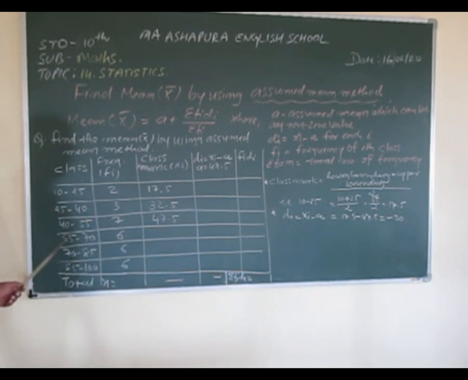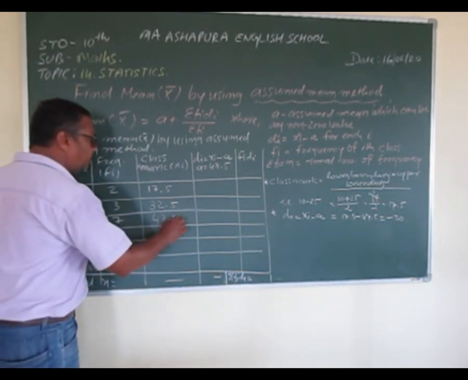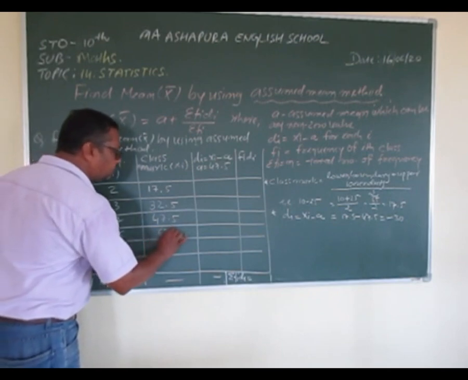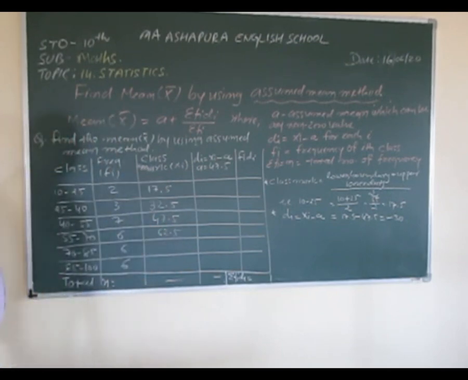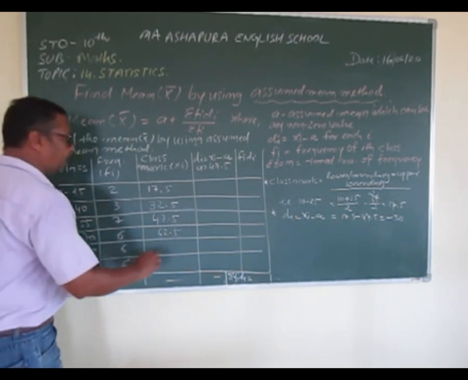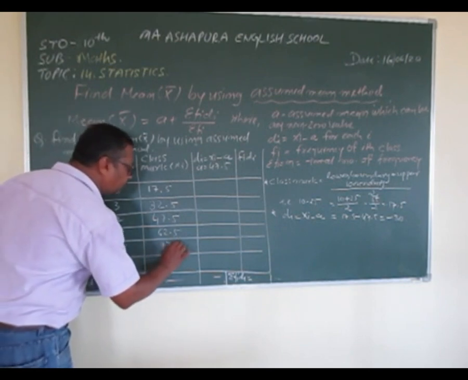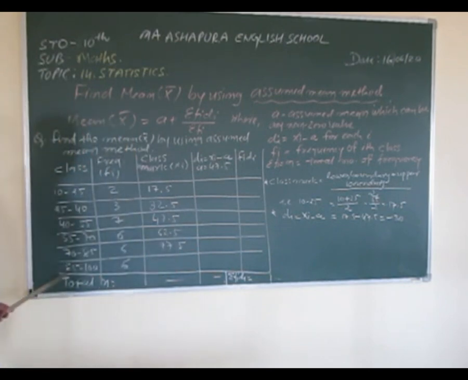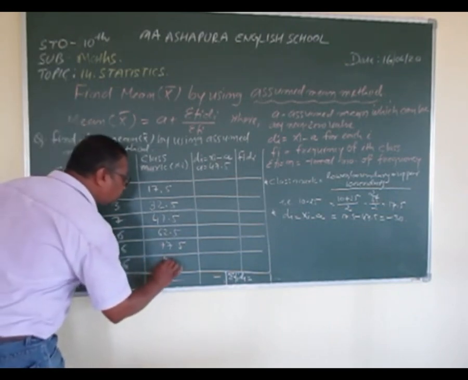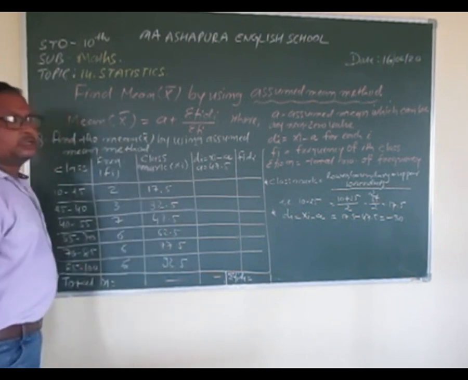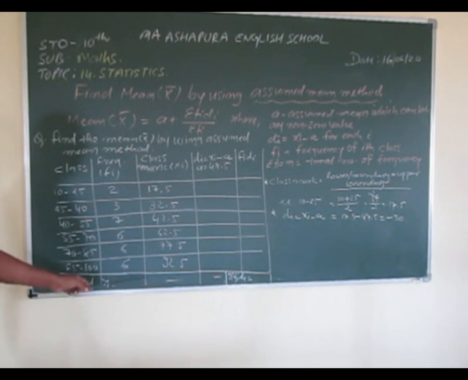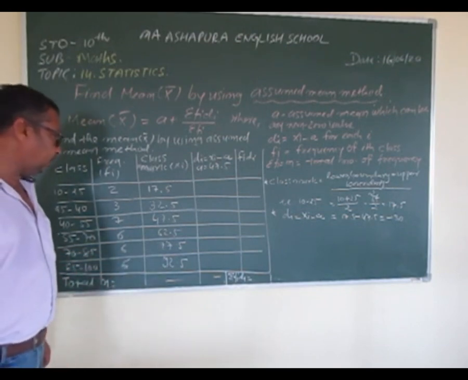For the next class, 55 to 70, 47.5 plus 15 gives 62.5. The next class mark is again plus 15 to 62.5, which gives 77.5. For the last class interval 85 to 100, 77.5 plus 15 gives 92.5. So the class marks are 17.5, 32.5, 47.5, 62.5, 77.5 and 92.5.